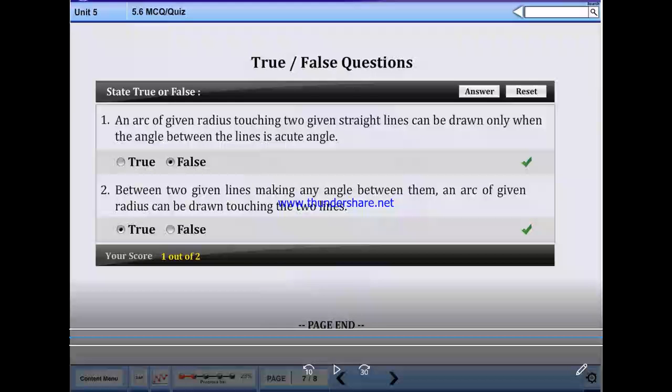True or false? Now it is false. Between two given lines making any angle between them, an arc of given radius can be drawn touching the two lines. True or false? It is true.